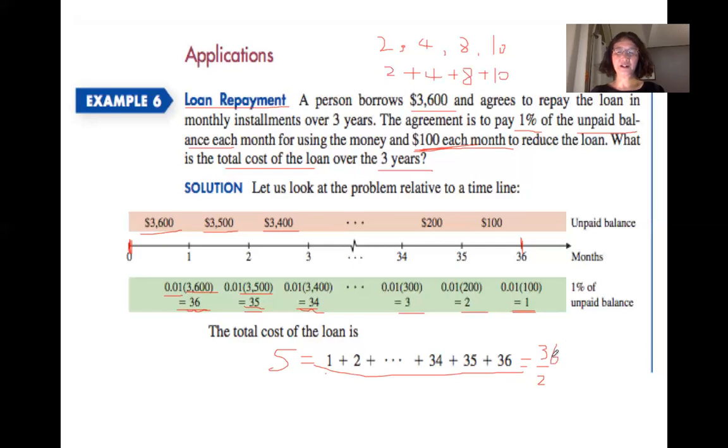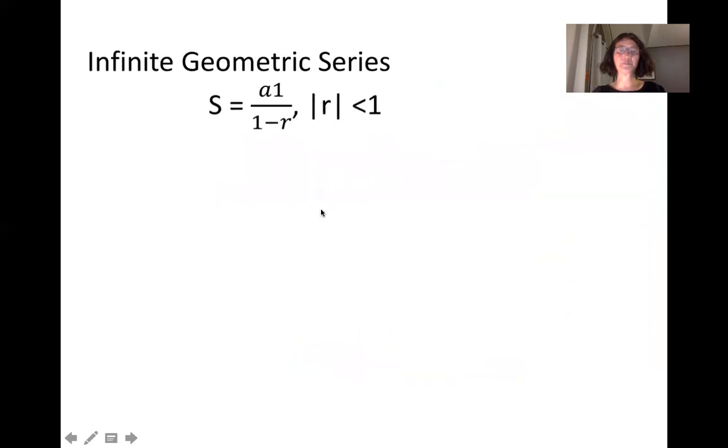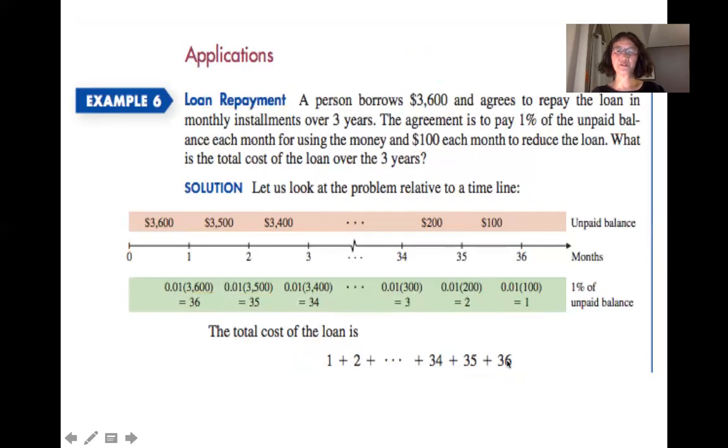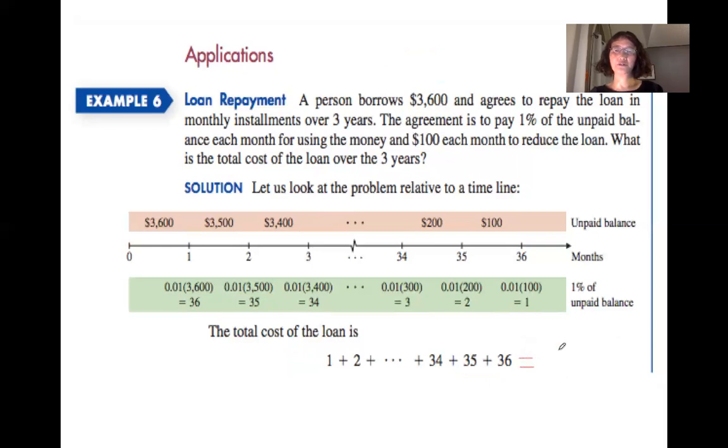If you look at the formula here, I'll just show you the formula for arithmetic: the number of terms over two, multiplied by the first term plus the last term. So equal to how many items? 36, and the first term plus last term.